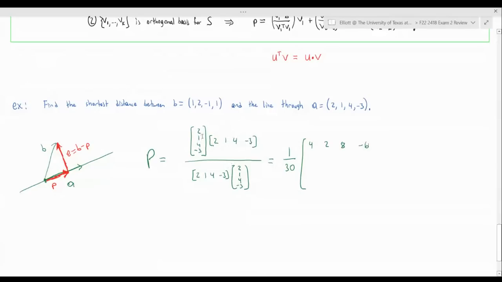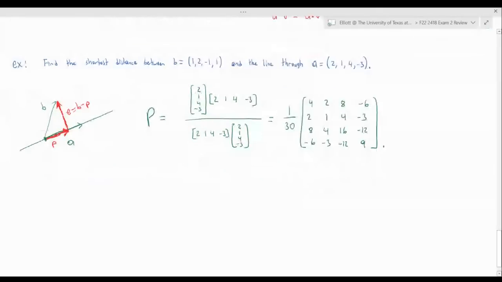We do 1 times each of these numbers for the next row, 4 times each of the numbers, and then negative 3 times each of these numbers gets us the last row. I could have chosen some smaller numbers, I guess, but that's okay.